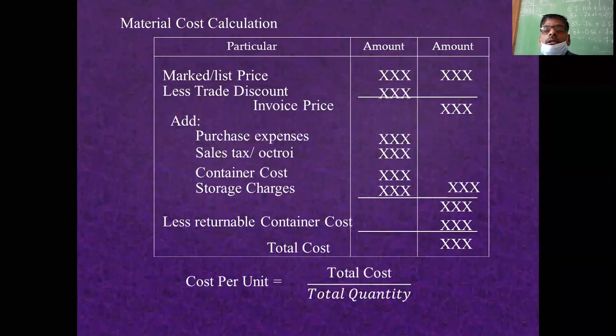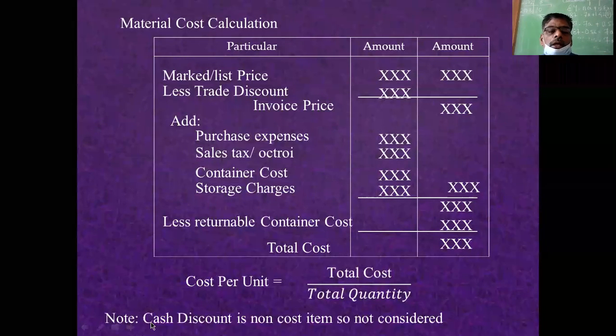It arises in the relation between debtor and creditor. Cash discount arises in relation between debtor and creditor. It is not related to cost. Therefore, cash discount should not be taken in the chart or in this table.